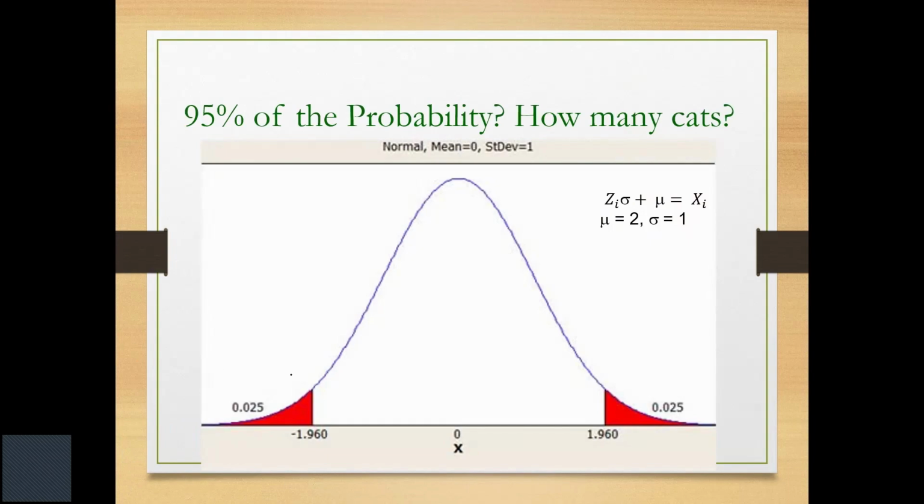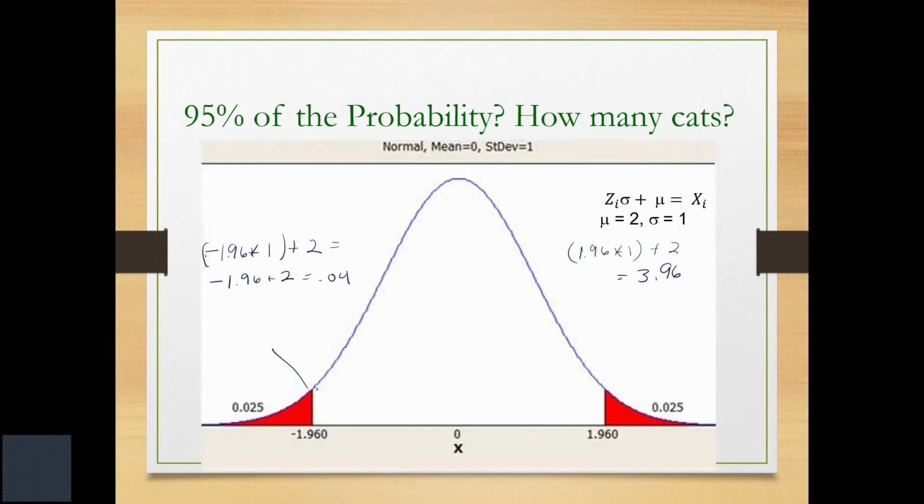So on the low end, we've got negative 1.96 times 1 plus 2, which is negative 1.96 plus 2, or about 0.04. On the high end, we have 1.96 times 1 plus 2, which equals 1.96 plus 2, or 3.96.